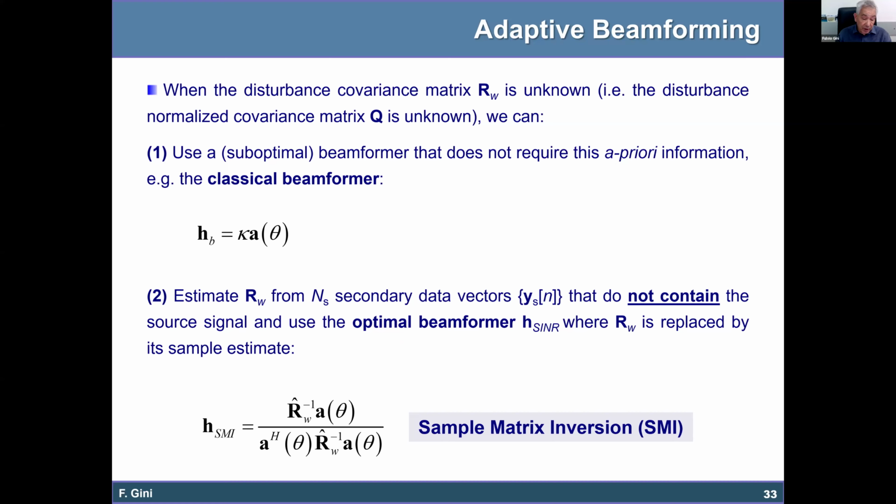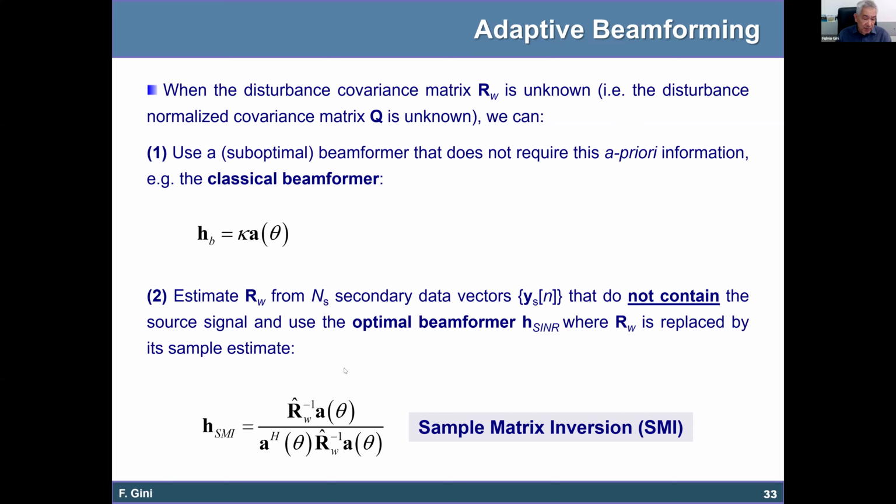So the SMI beamformer is the adaptive version of the optimal beamformer, and it can be implemented only if we have enough secondary data vectors that are not contaminated by the signal of interest, so that contain only disturbance. And so they can be used to estimate the correlation matrix of the disturbance.